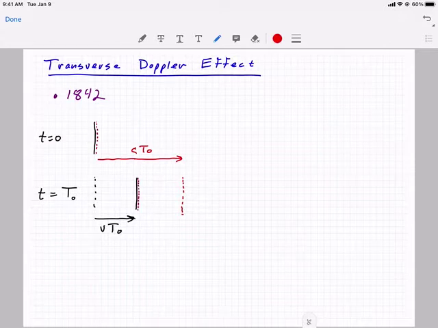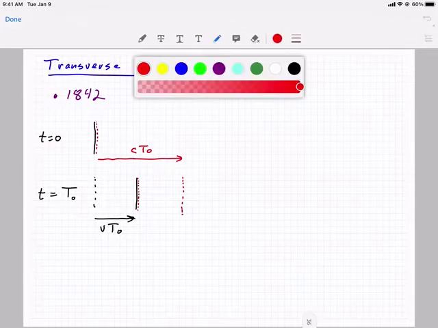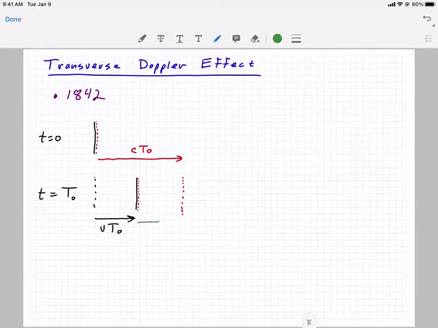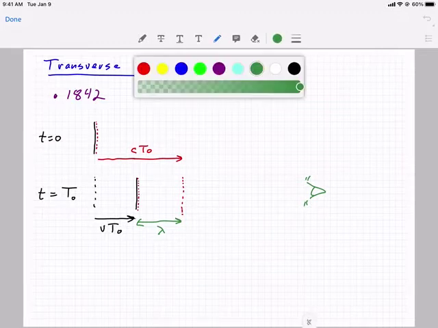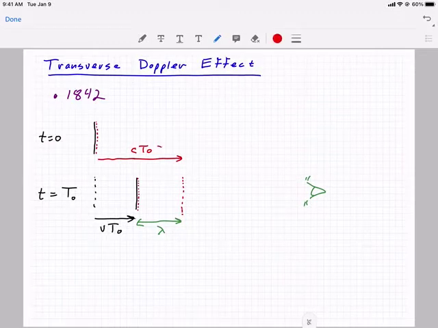You can either think of these wavefronts as pulses occurring at a very regular time of t0, or you can think of it as one peak of the wave and then the successive peak of the wave. Because this has moved, the wavelength that's going to be detected off in this direction, where we have some kind of a detector, is going to be shorter than the natural wavelength, because the natural wavelength is given by this expression here.